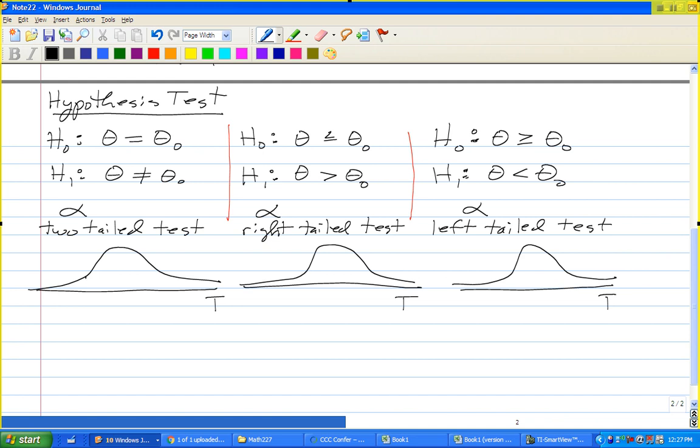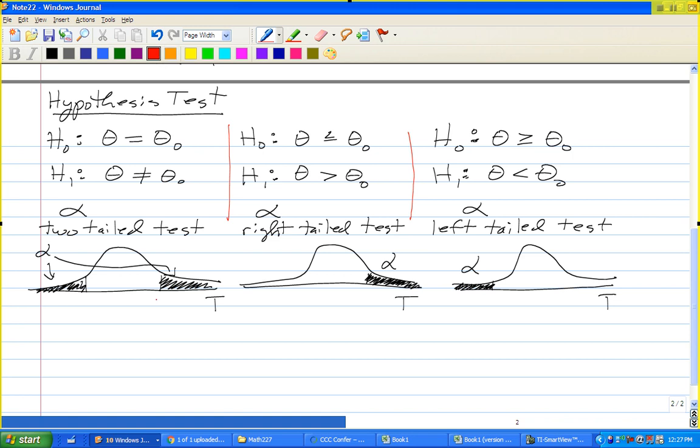For the two-tailed test, if I look at this alpha, then the total of these two areas of the two tails will equal alpha. If I look at my right-tailed test, the total of the right tail will be alpha. If I look at the left-tailed test, the total area of the left tail will be alpha.